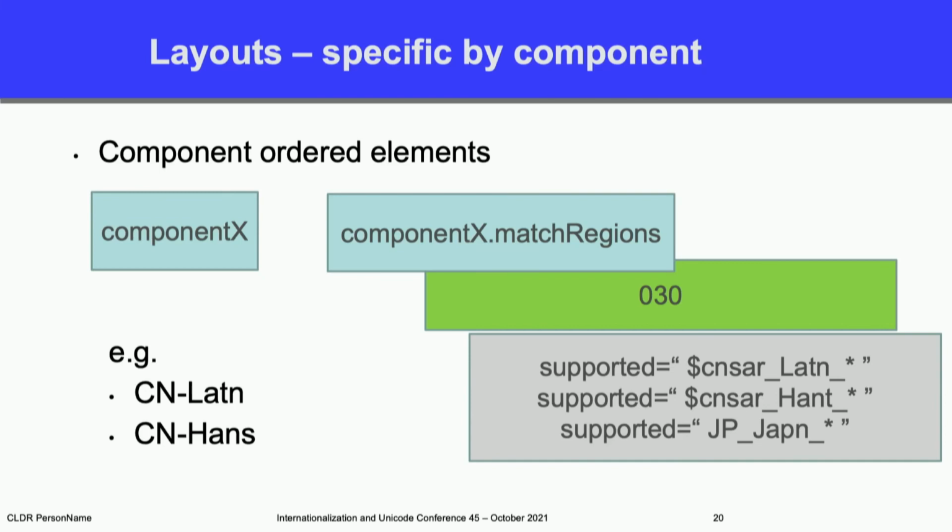And my match group, since I have 030, if I go into Taiwan, since I have a Han T star, I would still be able to get a Chinese layout for traditional Chinese that would normally be specified for Hong Kong and Macau.